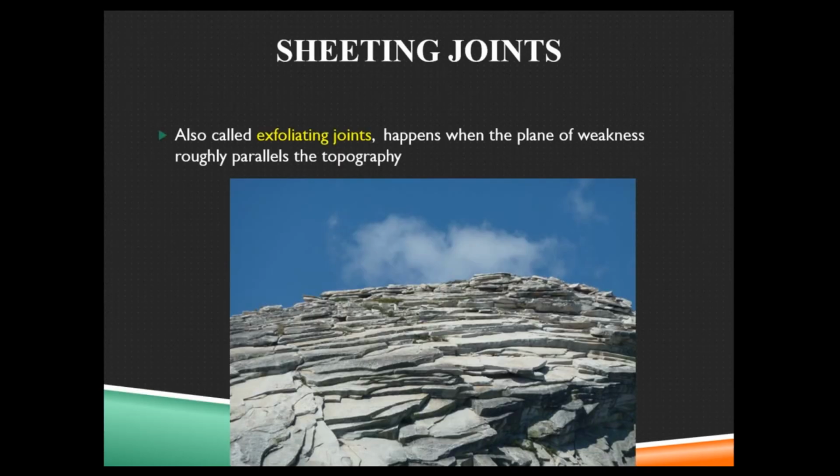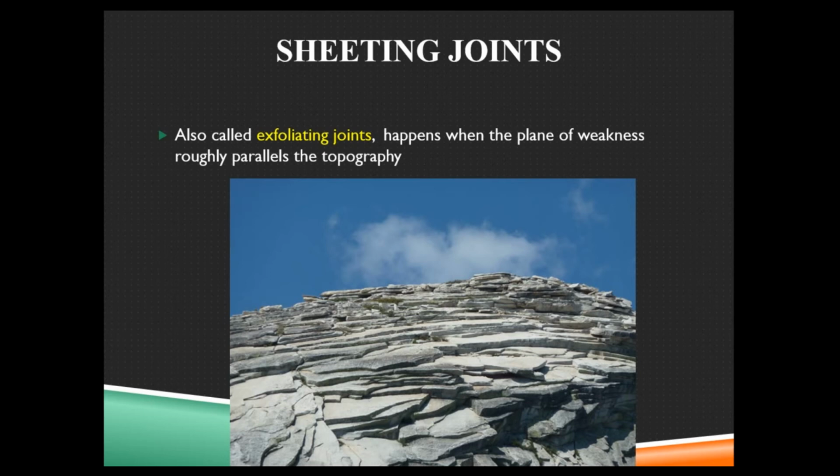Now, sheeting joints, also called exfoliating joints, happen when a plane of weakness is roughly parallel to the topography and it's unloading, basically a release of pressure creates an effective tension and the rock exfoliates.